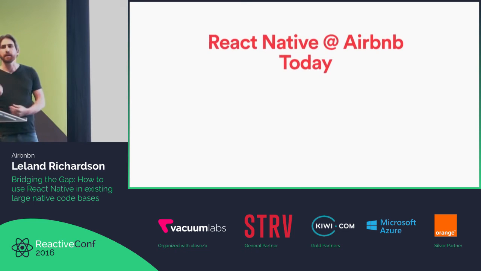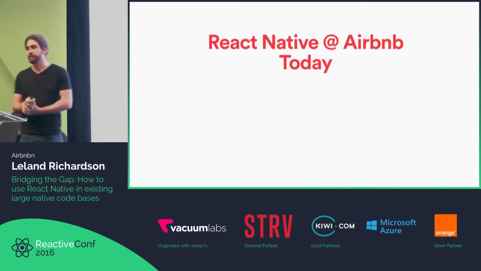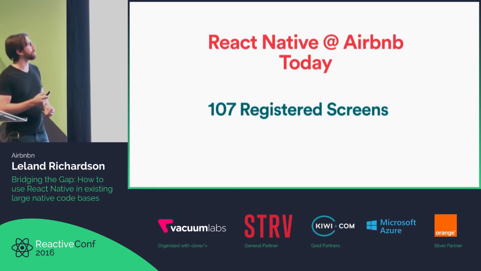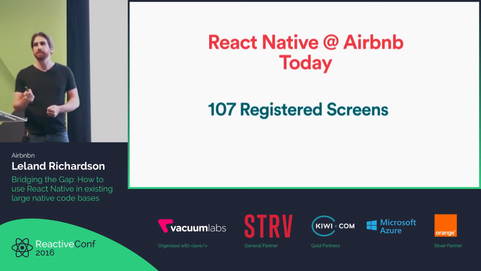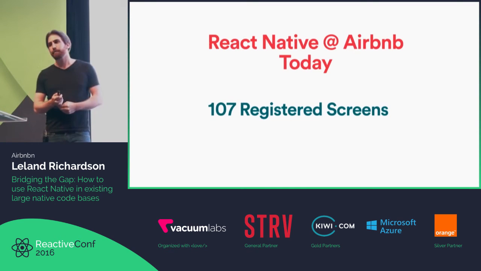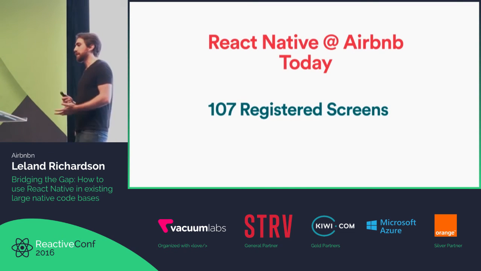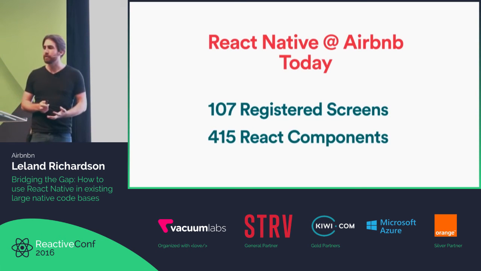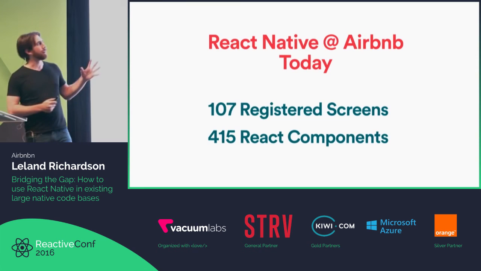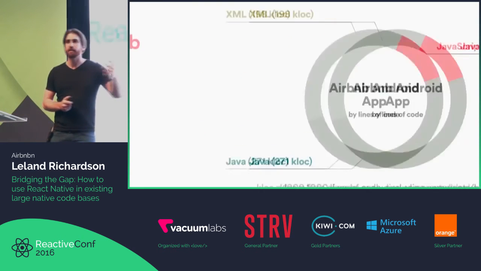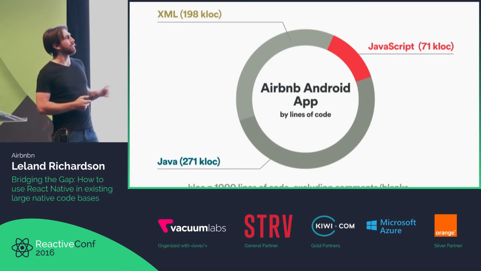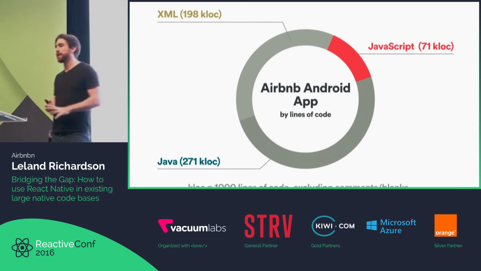And just to finish up, I wanted to give some brief understanding of where React Native stands today at Airbnb. I ran some scripts this morning. We have 107 registered screens in the app built with React Native. That's roughly 415 React components. And all of that is built with about 71,000 lines of JavaScript, excluding comments and blanks.